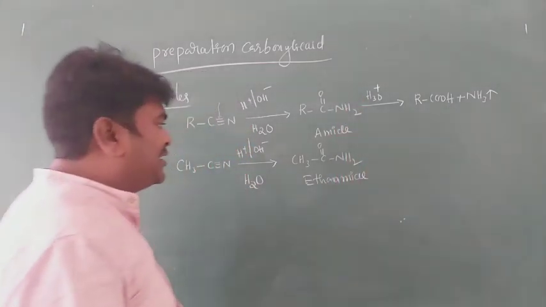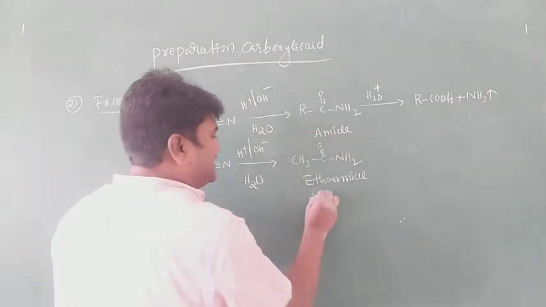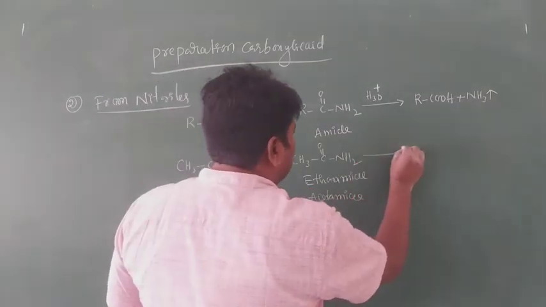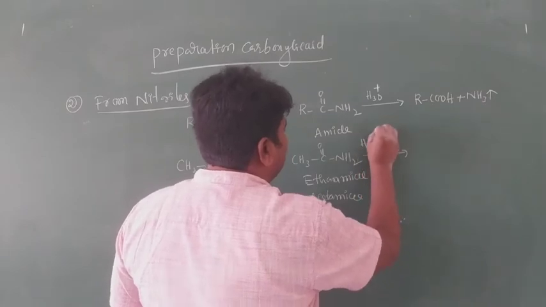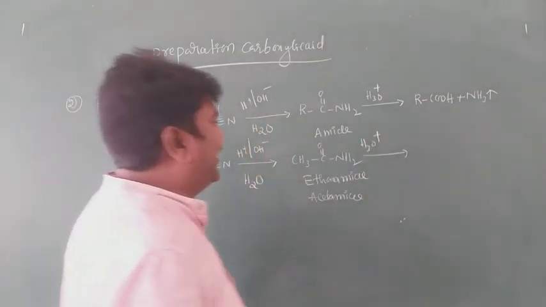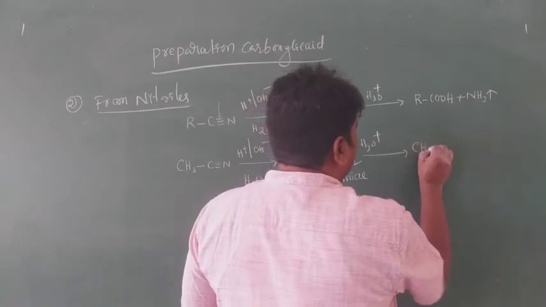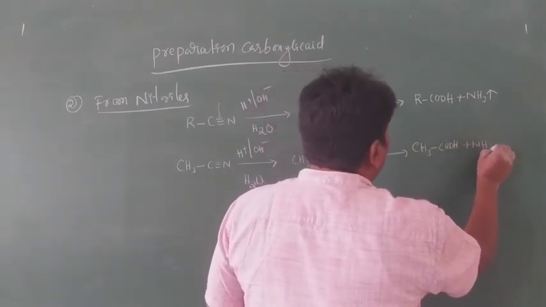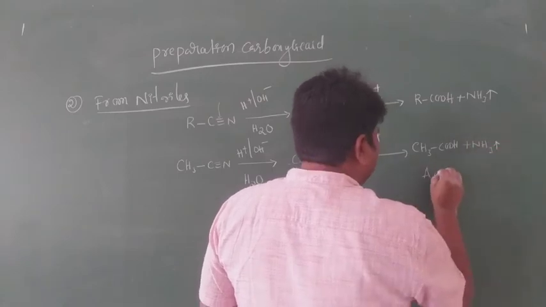Ethanamide is the IUPAC name. Its common name is acetamide. Again on hydrolysis, you will get CH3COOH plus NH3 as the byproduct. It is acetic acid.